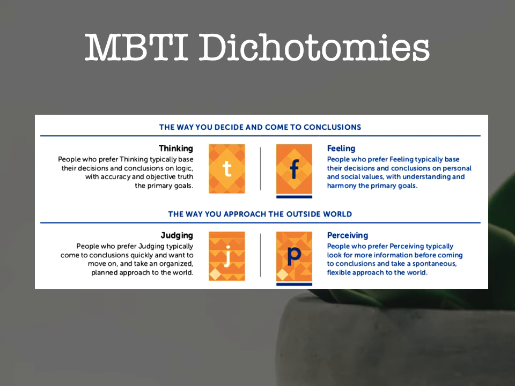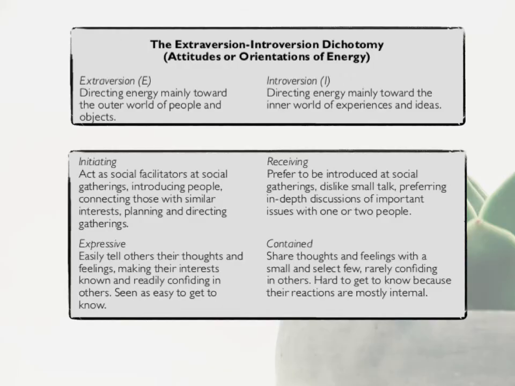Now, each dichotomy also has subfacets, five each. Extroversion and introversion are the attitudes or orientations of energy. Extroversion has five subfacets, and introversion also has five.